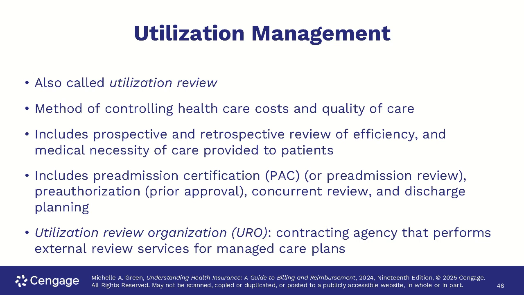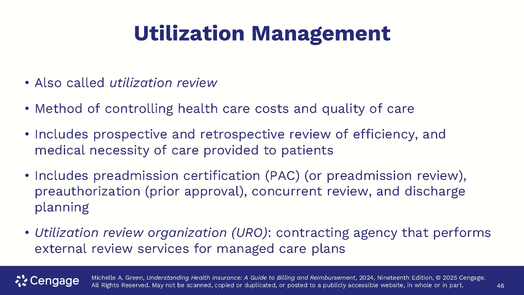Utilization management, also known as UR, this is a way to control costs. One example is, let's say a patient is in the ER and the ER doctor is thinking about admitting the patient to the hospital. Well, UM would be responsible for getting pre-admission certification for that hospital admission.